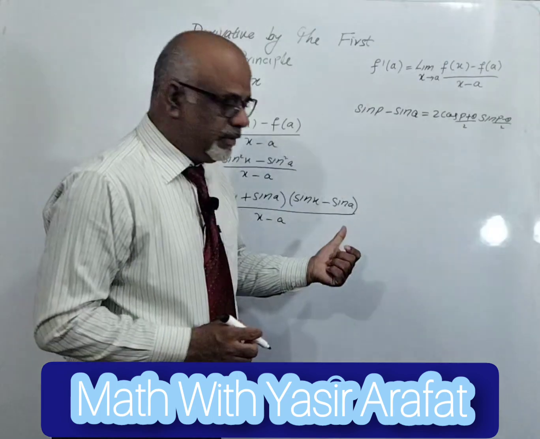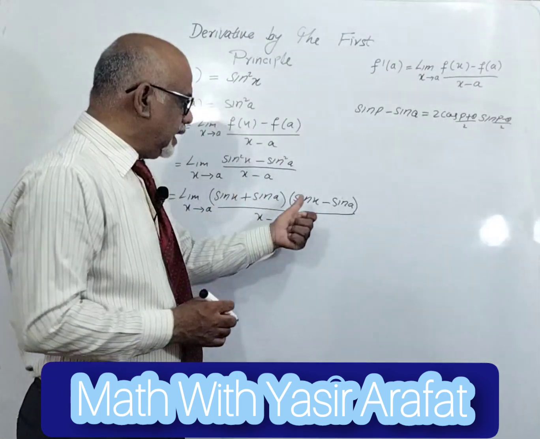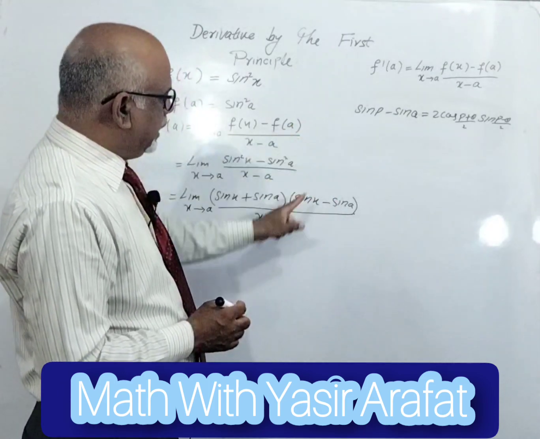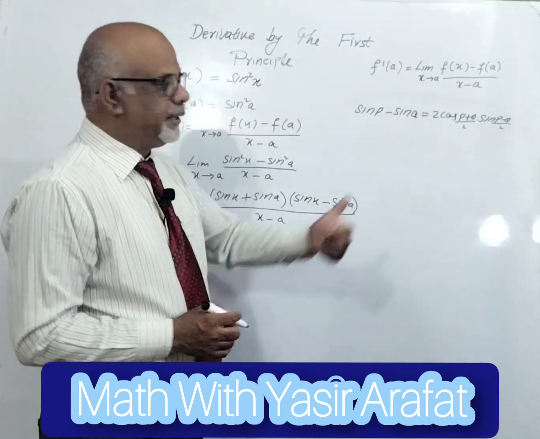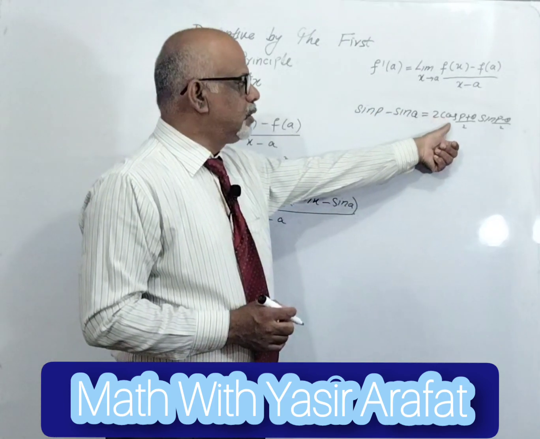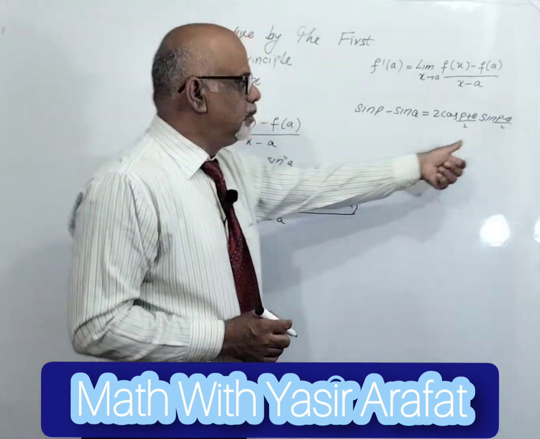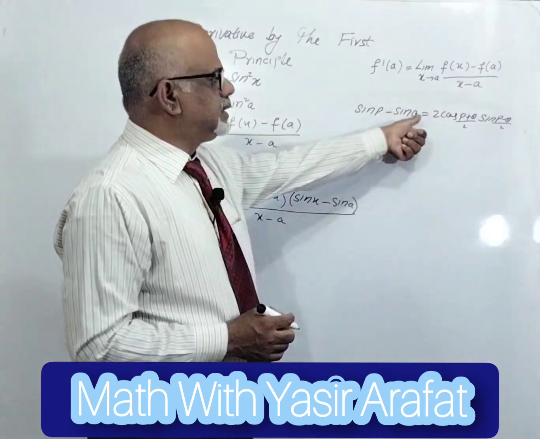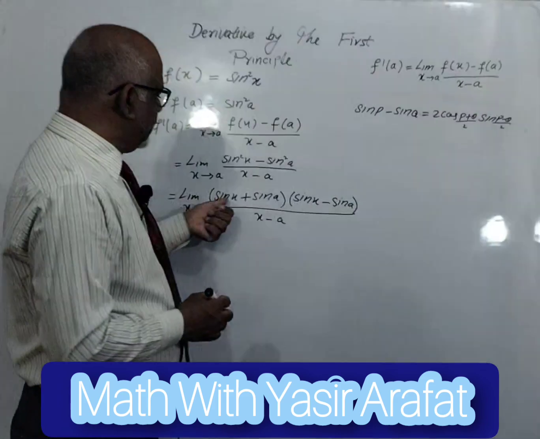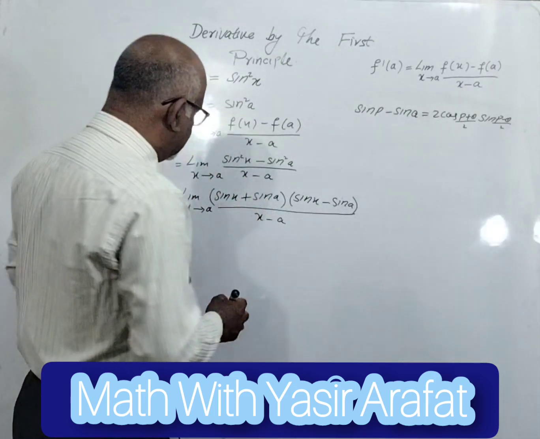In the numerator, we have sine x plus sine a and sine x minus sine a as well. But we have to use the formula only on sine x minus sine a. Sine p minus sine q equals 2 cos of p plus q upon 2, sine of p minus q upon 2, because in sine p minus sine q, we will adjust the sandwich theorem. So there is no need to apply the formula on the plus one, that is sine x plus sine a.